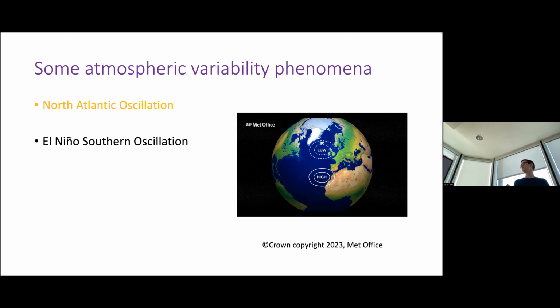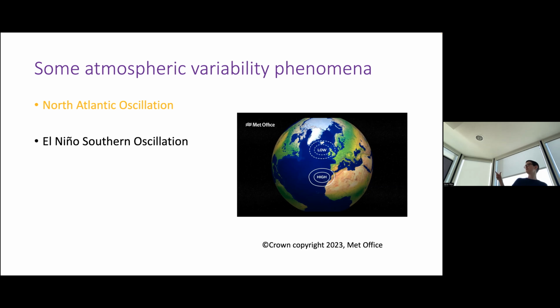If the atmosphere is in this configuration, then one can predict warmer winters, also wet winters and potentially very stormy ones.